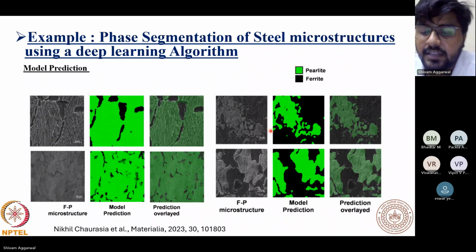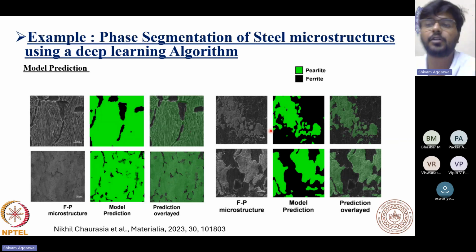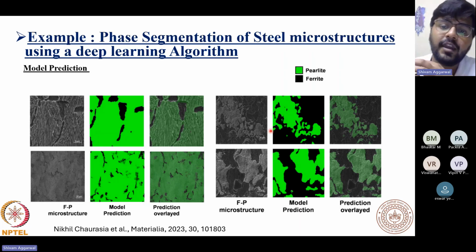So this is how people can use machine learning to segment an image. Maybe many of you are from a material science background, and they are doing these things, like what would be the pearlite region and what would be the ferrite region. Not only this, but there are various things people generally do where they segment the image.